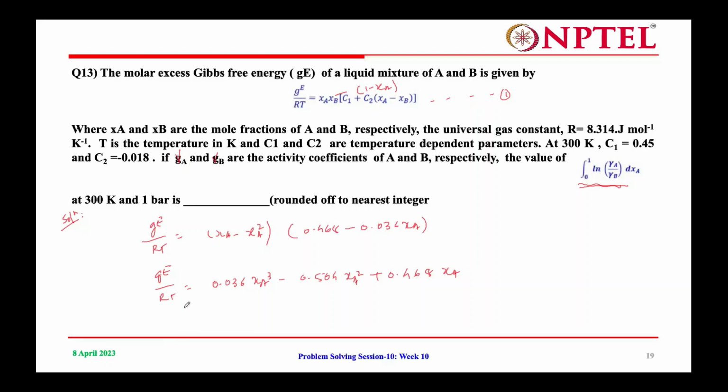Now differentiate by dx_A: 0.108 x_A square minus 1.008 x_A plus 0.468. Right.